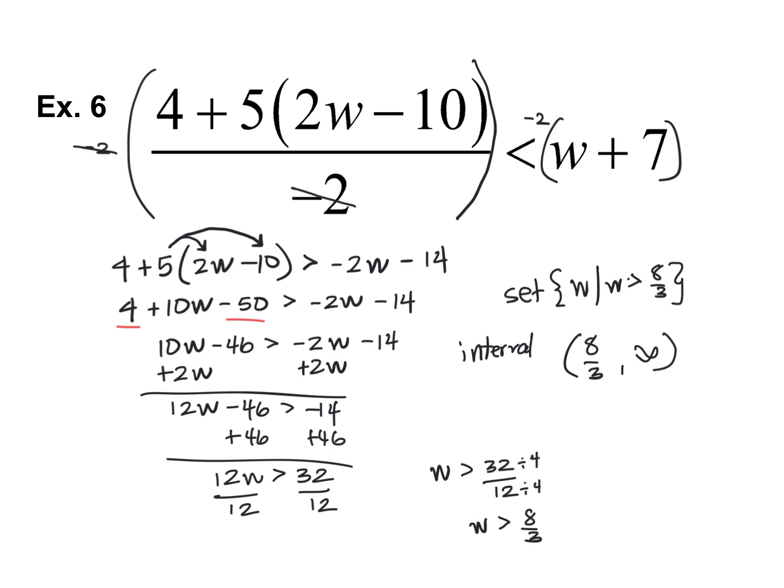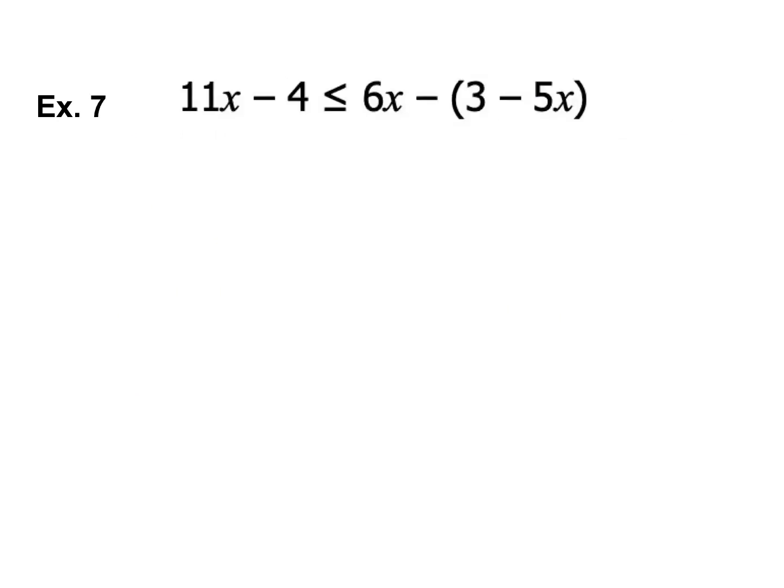And let's go to example 7 now. I'm going to go ahead and distribute the negative on the right hand side. So I have 11x minus 4 is less than or equal to 6x minus 3 plus 5x.